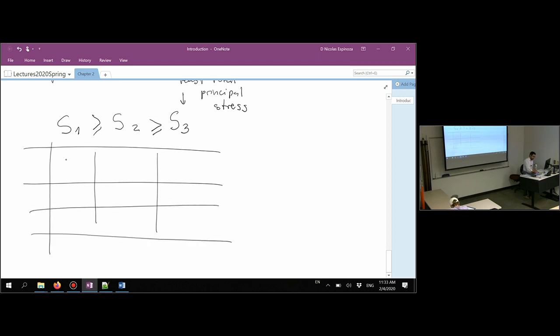When the maximum stress is vertical and the minimum stress is horizontal, and we have this type of combination, we're going to call that a normal stress environment or a normal stress regime. The name normal comes from the analysis of faults. And we're not going to get into detail about that right now, but just let me draw some schematics that are going to help you see what's going on.